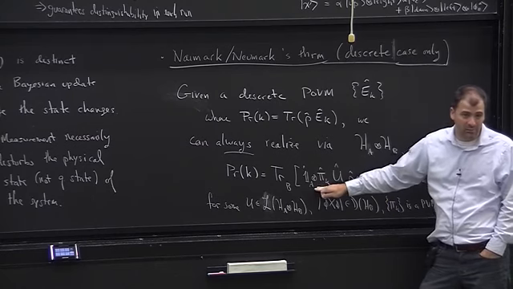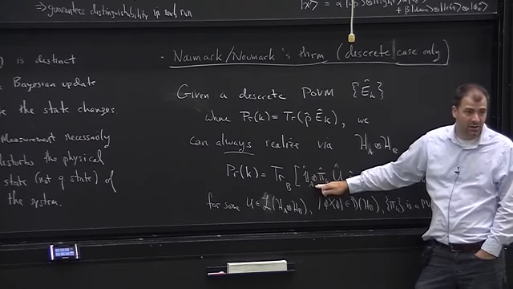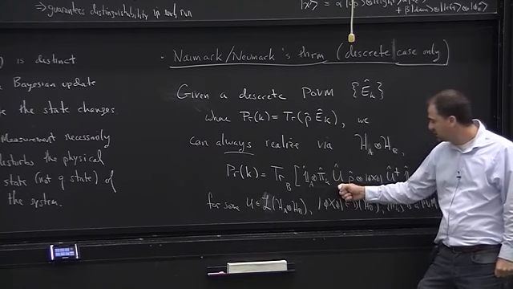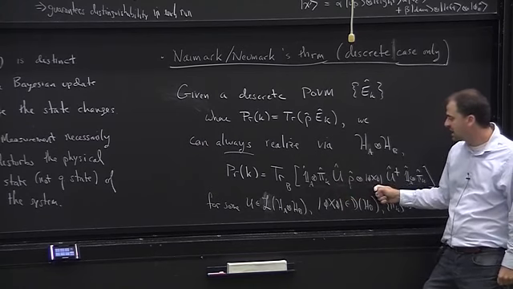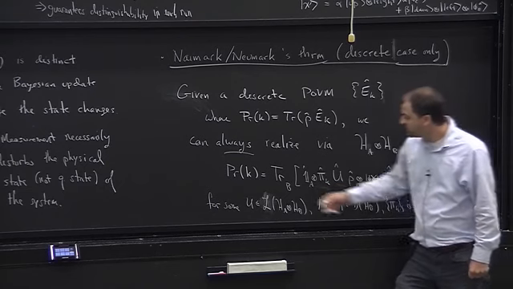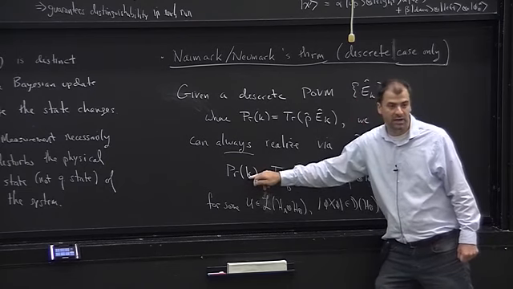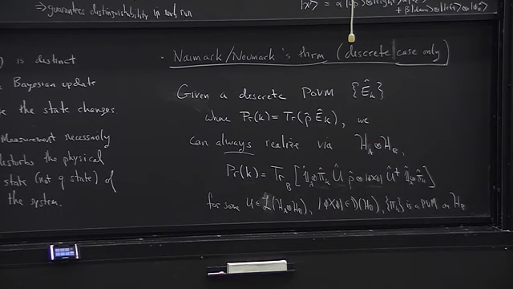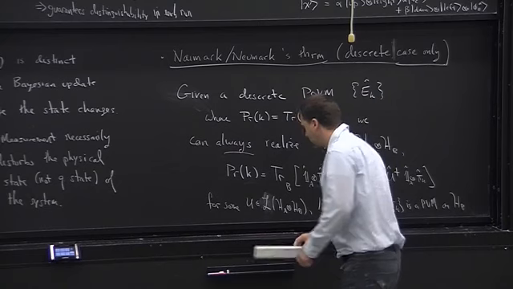Remember, this is von Neumann's indirect measurement model, where we couple the system with the apparatus via some unitary. The apparatus is prepared in some state, and then we just measure the apparatus, and then we get the statistics for the probability of an outcome that matches the POVM element.